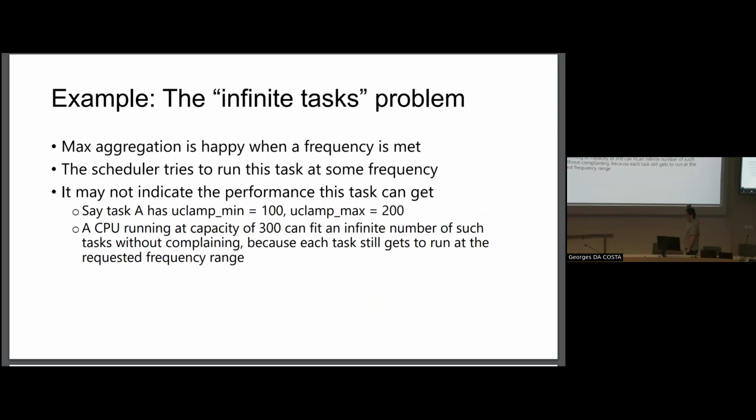What max aggregation does is that as long as the task is running at the frequency, the Uclamp part won't complain. So I could end up with an infinite number of tasks on the same CPU, and each task has Uclamp min 100, Uclamp max 200, and the CPU capacity is 300, and this CPU is running at 200.